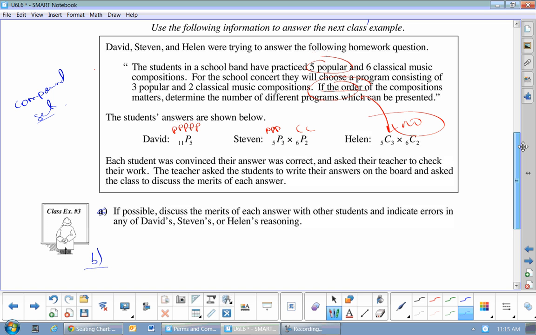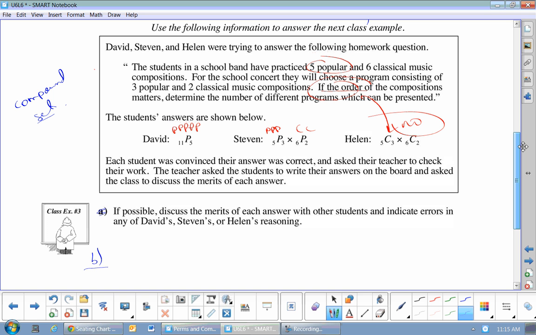is it in any particular order? If I have 5 songs in front of me, and I know I need 3 of them for the concert, is the order in which I choose them, so they're spread out, classical over there, is the order in which I choose them, does it matter?